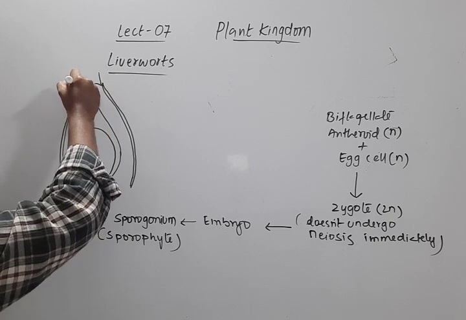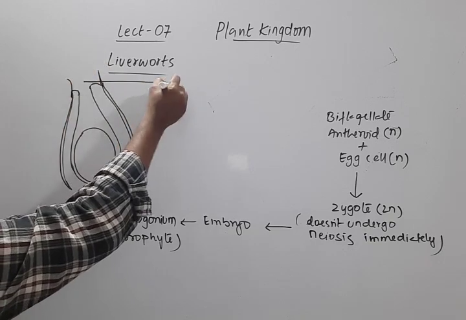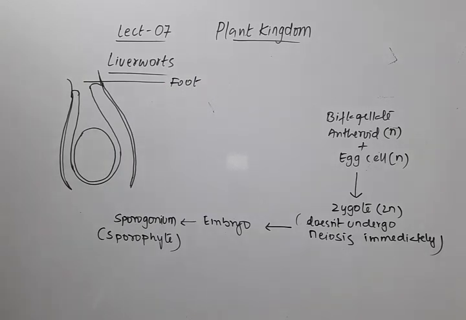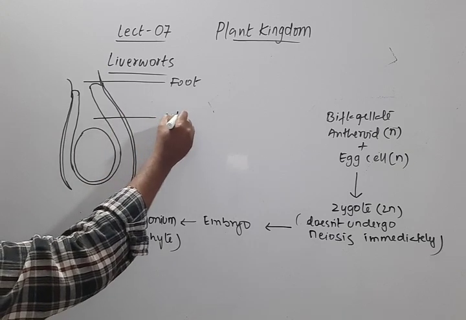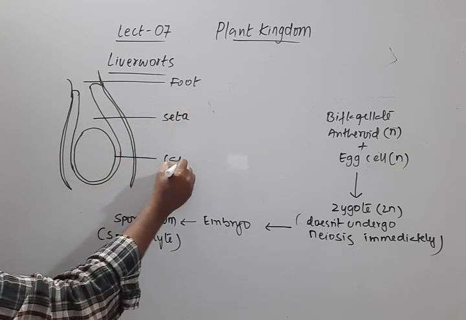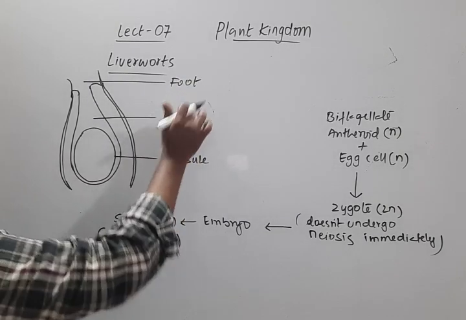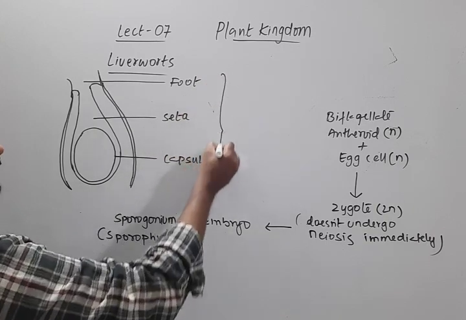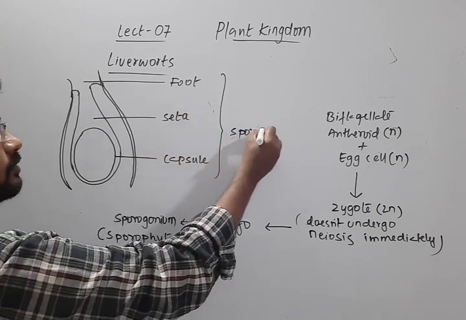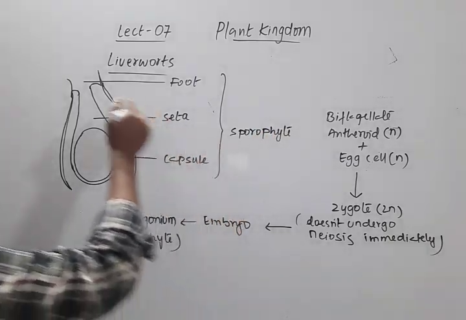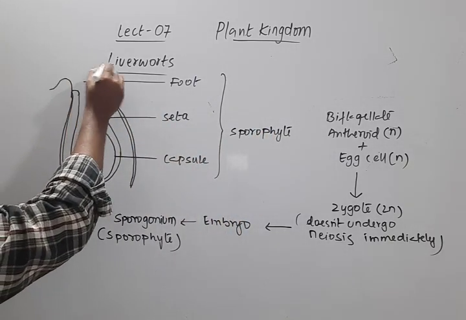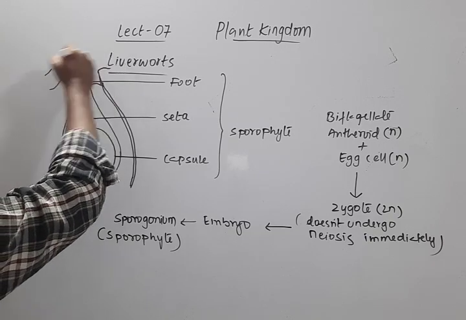The sporophyte is differentiated into three parts: the foot, the seta, and the capsule. These are the parts of the sporophyte, and this sporophyte is dependent on the gametophyte.